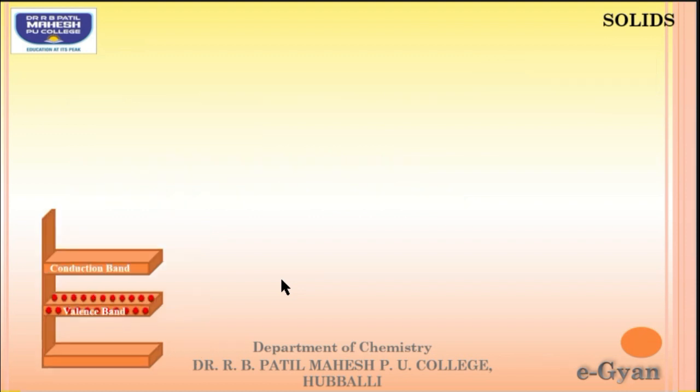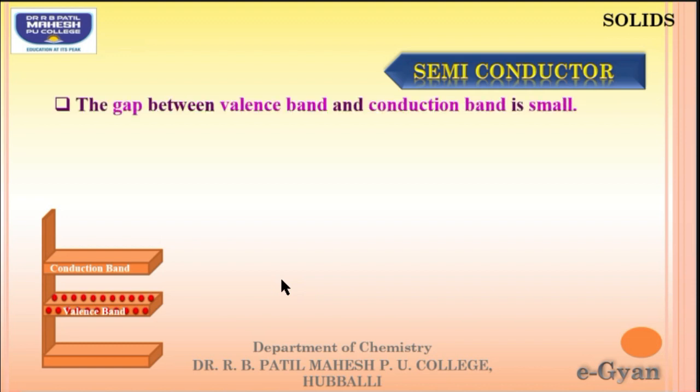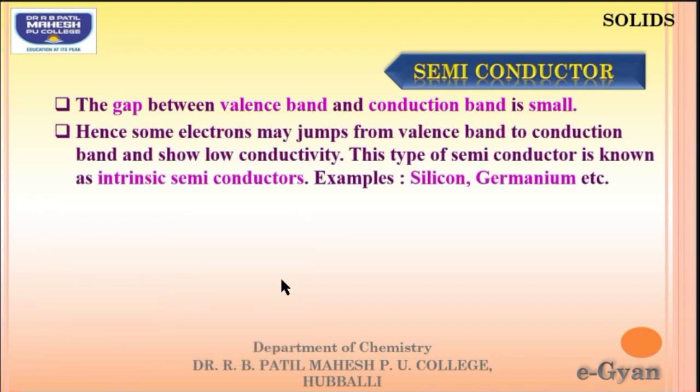The third type, which is very important, is the semiconductors. The gap between the valence band and the conduction band is comparatively small. It is not too large, it is comparatively small. Hence, the electrons will easily jump from the valence band to the conduction band. Some of the electrons will jump from the valence band, and this type of semiconductor is known as an intrinsic semiconductor.